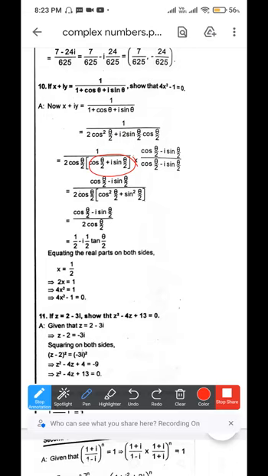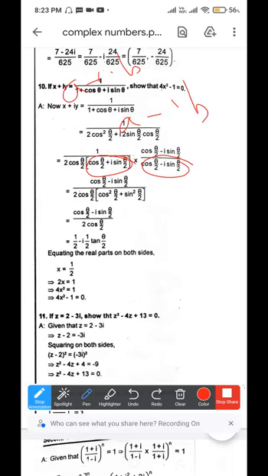This is left. Then what are we doing? We are rationalizing this part. We have a plus sign over here, so we are multiplying and dividing with minus. cos square theta plus sine square theta will be, this is a plus b into a minus b, right? But this is a plus ib into a minus ib.